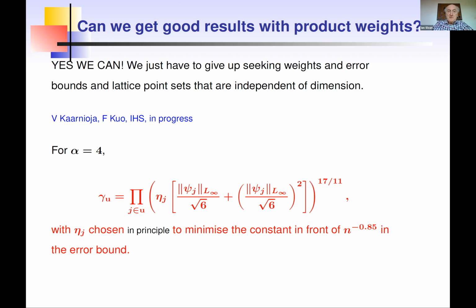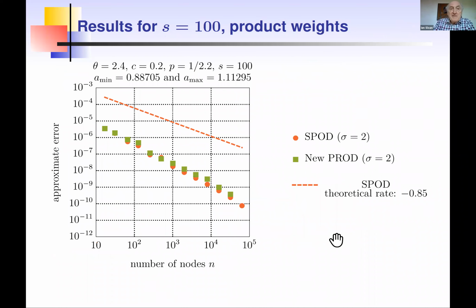But we do know that if we choose the weights this way down below, which is a product, and again, the details don't matter, but with some e to j's chosen to maximize the constant in front of the n to the minus 0.85, then we can get essentially the same results.